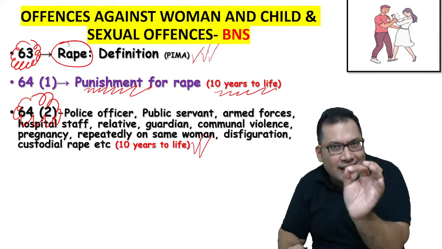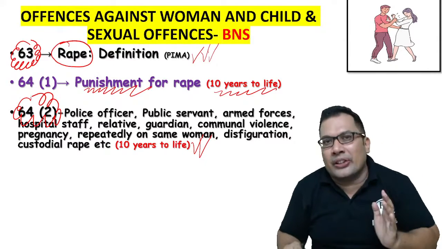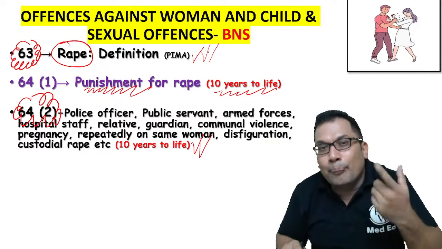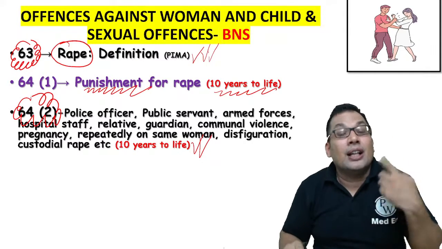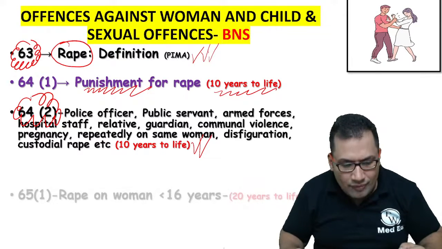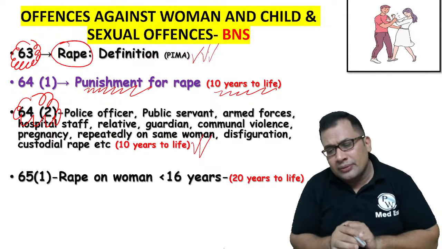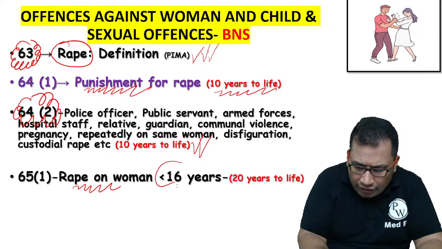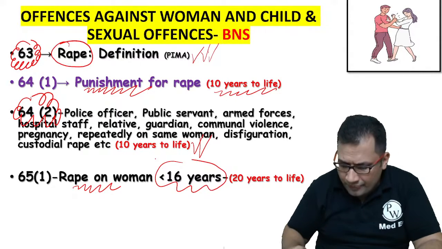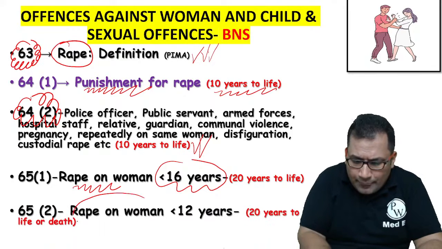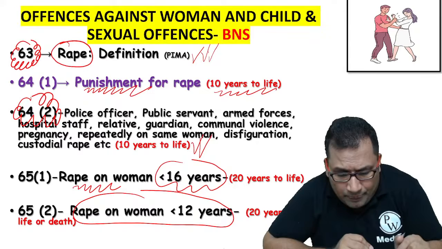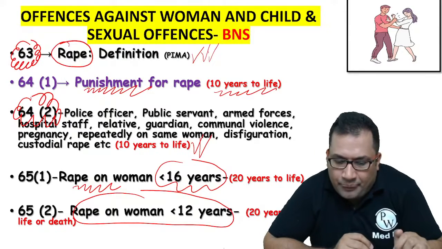So if the question asks custodial rape comes under, your answer should be 64.2 of BNS, not IPC, BNS it is. Then 65.1, rape on a woman of age less than 16 years. 65.2, rape on a woman less than 12 years of age. Again, the punishment varies here.